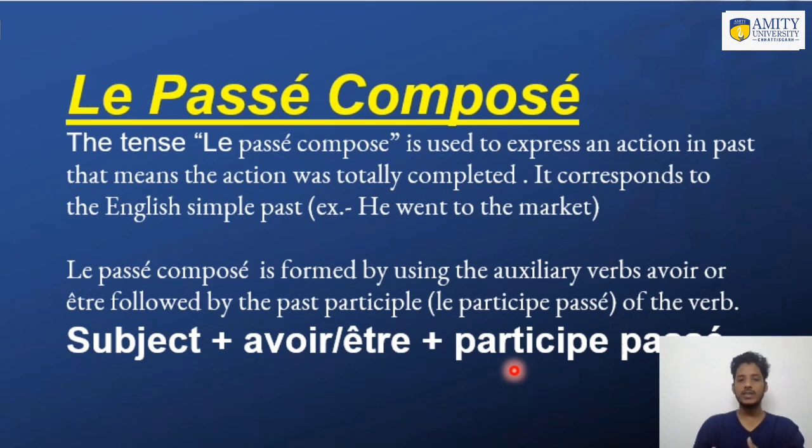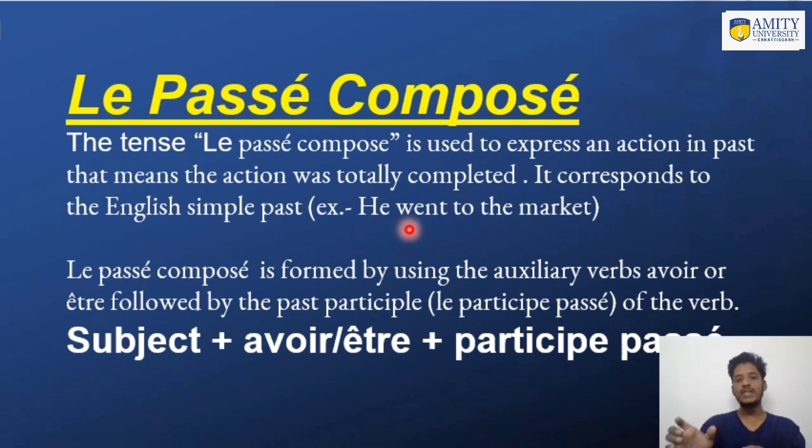What is subject? The doer of the action is called subject. For example, he went to the market. So went, who did this action? He. Or if I say I played football, who did this work of playing?